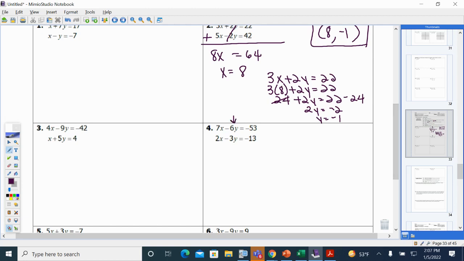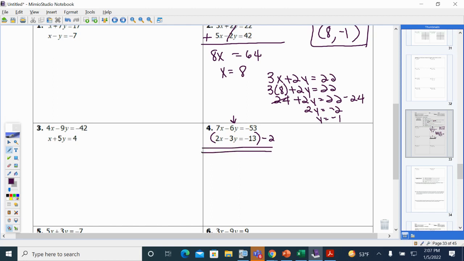Here's why. If I take the second equation and I multiply by a negative 2, negative 3y times a negative 2 is a positive 6y, which is the opposite of the negative 6y that's in the first equation. So by doing that, I've created opposites on the y's, and the y's will quickly eliminate.